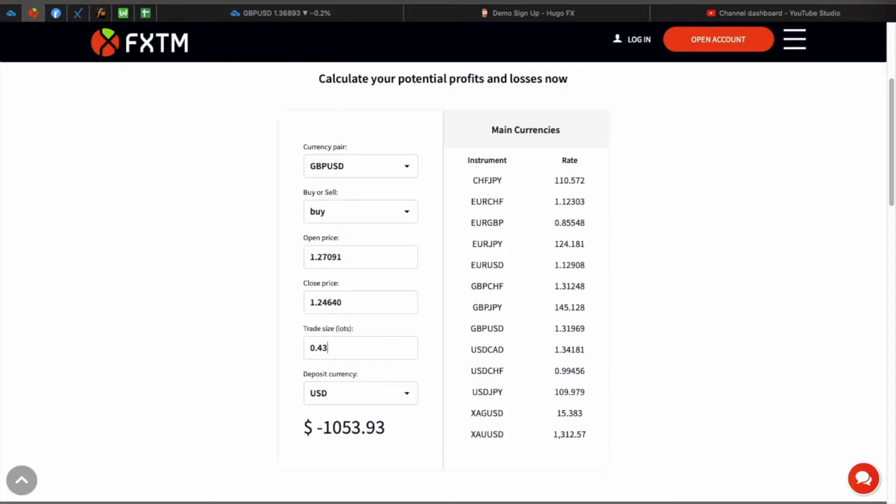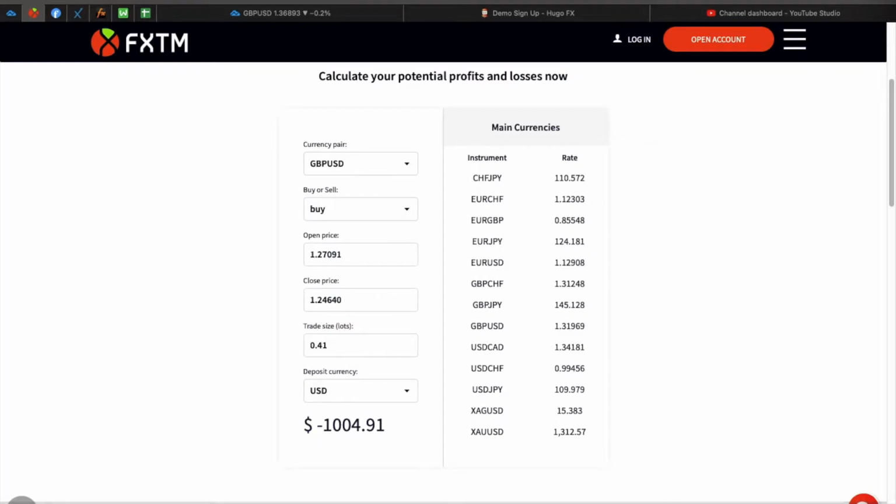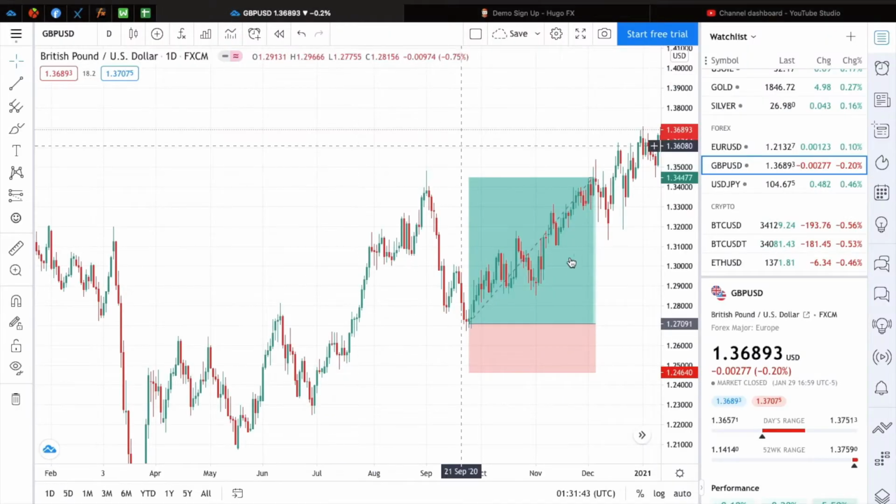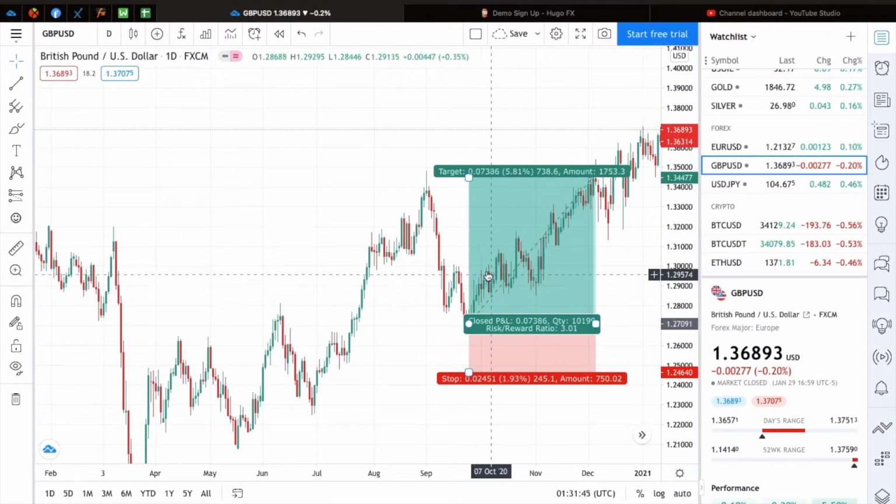Let's try 43. Nope, too much. 40, still too little. 42, 41. So this is probably going to be your best bet right here. $4 extra, but that's not too much, so we're not worried about that. Close to $1,000. So the lot size you would put in this trade is 41. So you would have 41 lots in this trade.